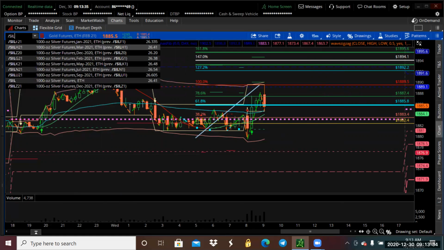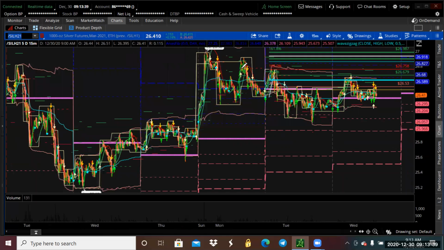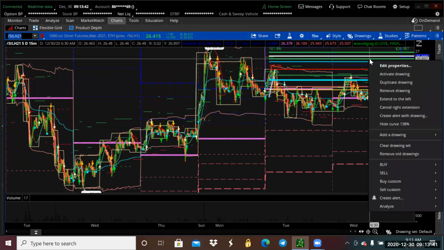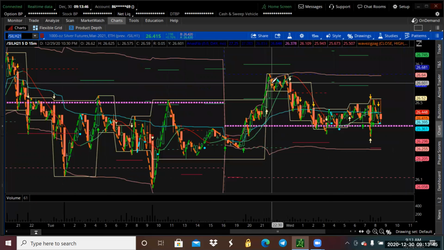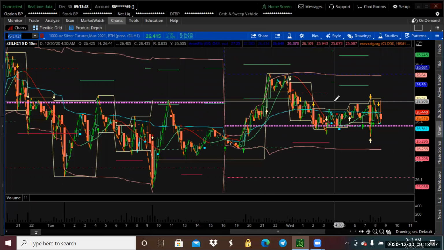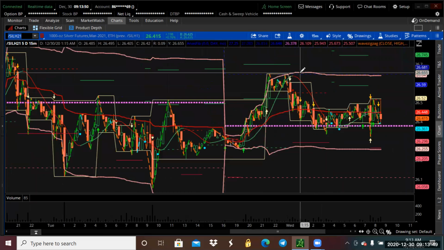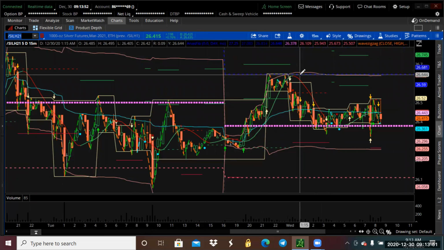Here's the silver. Silver is the same thing. I feel like it's confused on what it wants to do, so it's stuck sideways here. I would be targeting 2664.